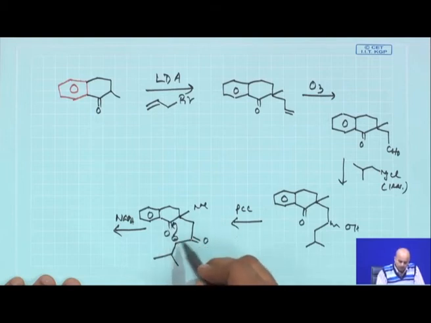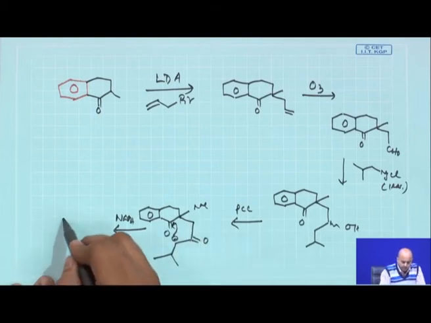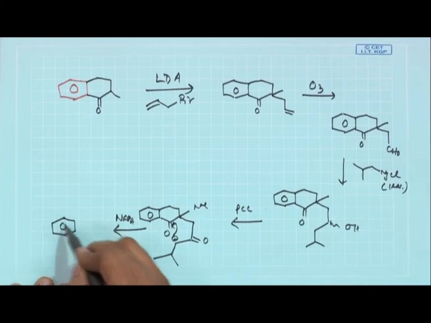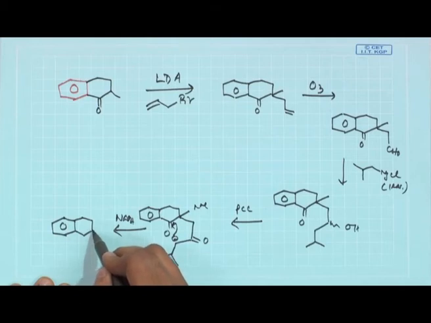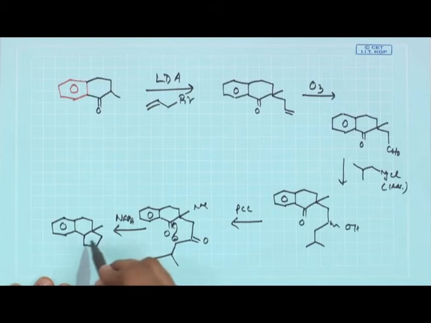So, 1 2 3 4 5. So, in the aldol fashion it will undergo intramolecular aldol dehydration, and the product which you will now get has a 5 member ring here, you have a double bond here, this isopropyl group and this carbonyl.